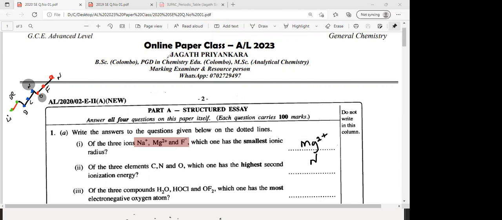So is it oxygen for the second one? No. Are they asking highest second? Sorry, they are asking second ionization. Yeah, sorry about that. I didn't see the second ionization. Highest second ionization energy.